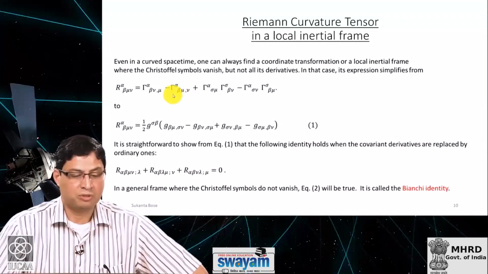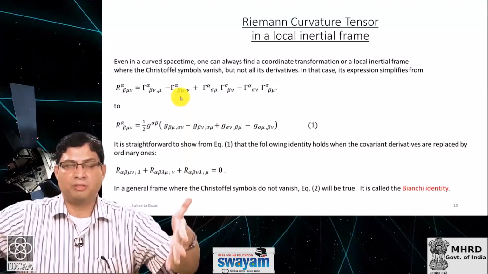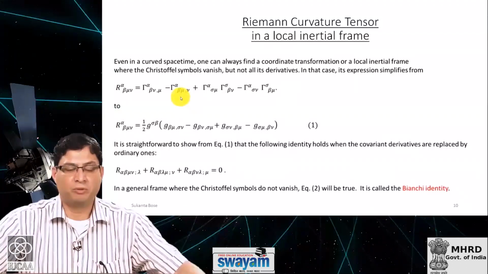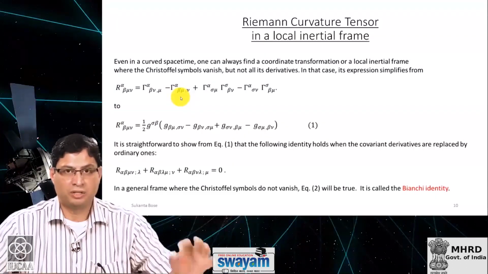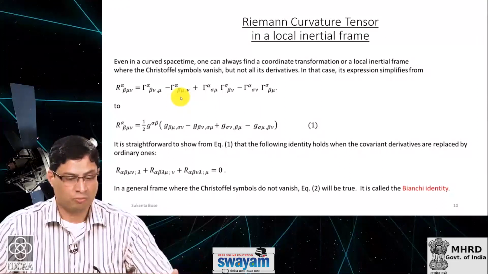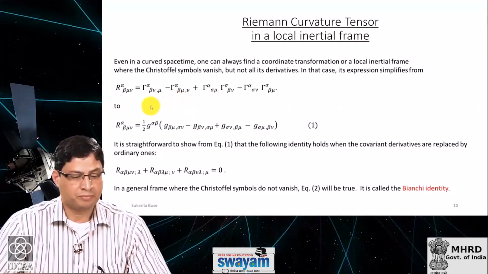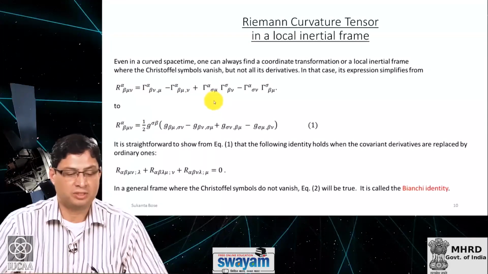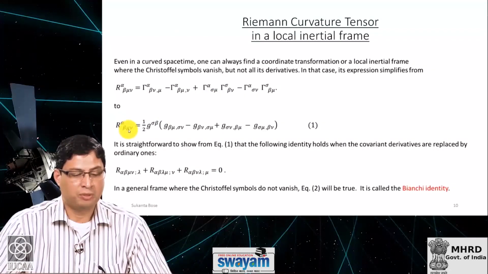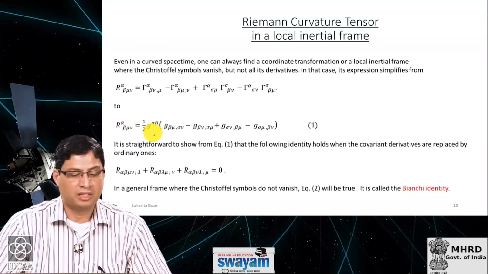But if you manage to move into a local frame, like a freely falling elevator where you were moving with the freely falling constellation of 4 balls, you can simplify this expression where R alpha beta mu nu are completely given in terms of double derivatives of the metric.